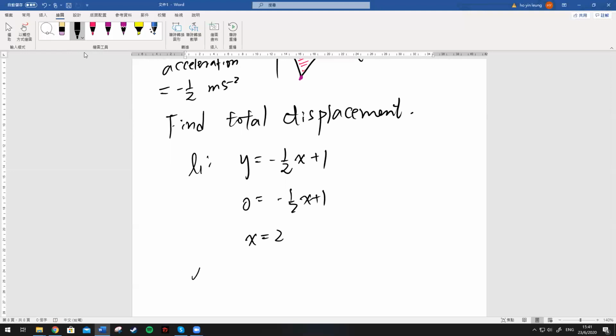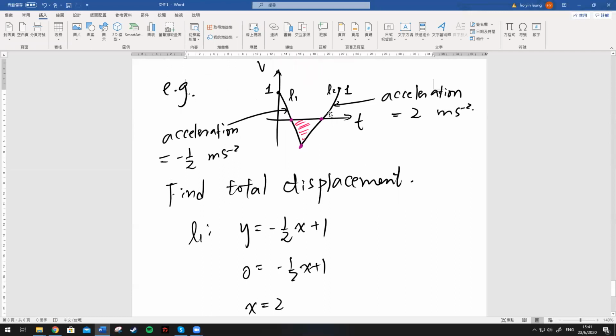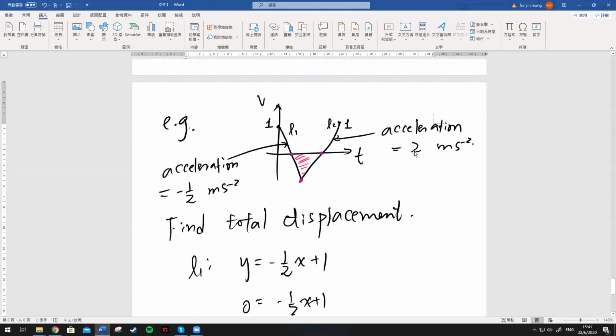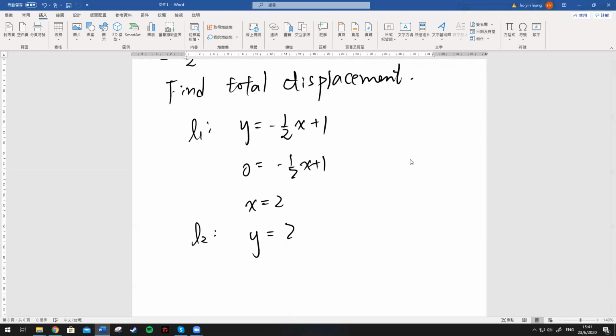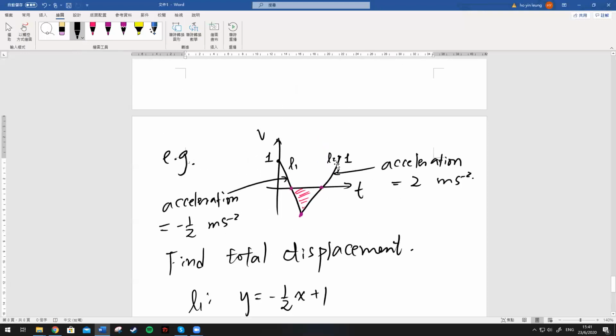And then for L2, let's write down the equation first. We don't have the y-intercept, but we know the gradient, which is 2. So 2x plus c. And then we plug in this point. I forgot to put down the time here. Let's say this is time 10.